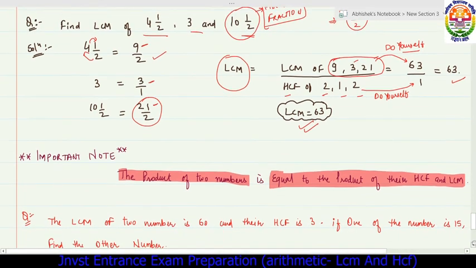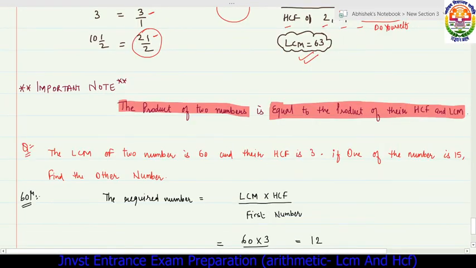Take an example: let the two numbers be A and B. The product of A and B means multiplication. So A into B is equal to HCF into LCM of A and B. There is the formula.